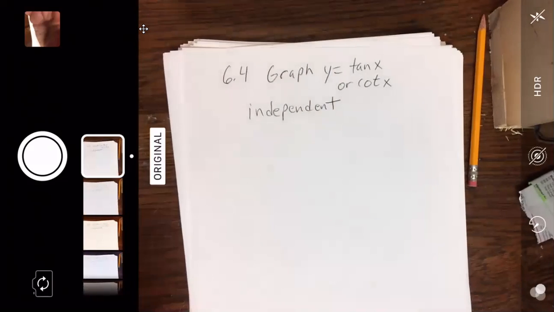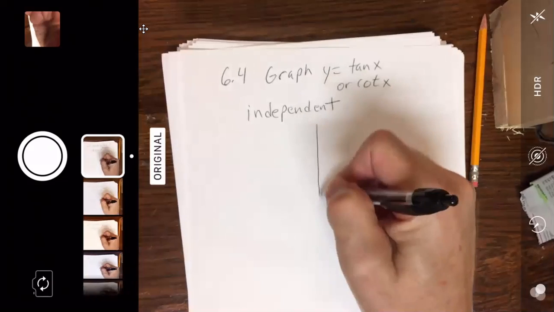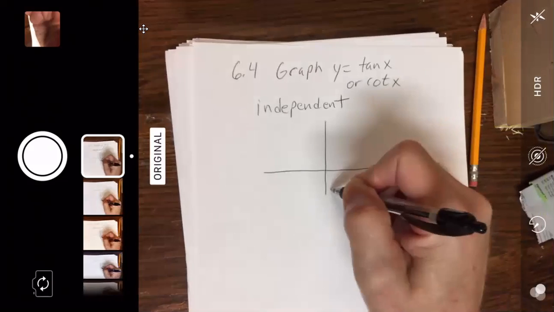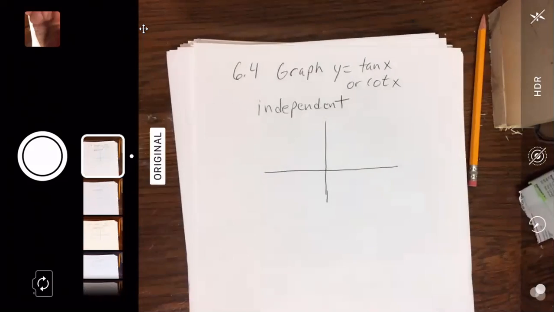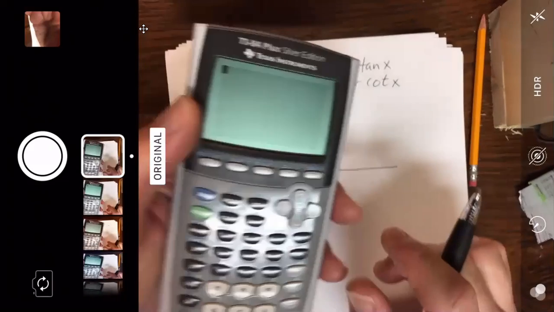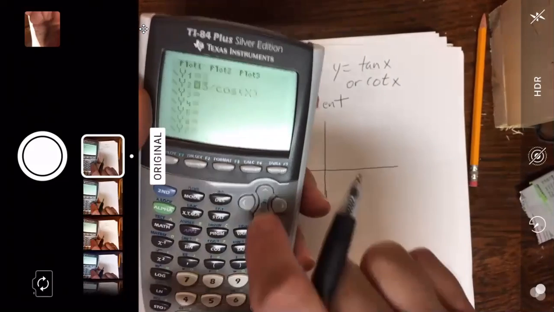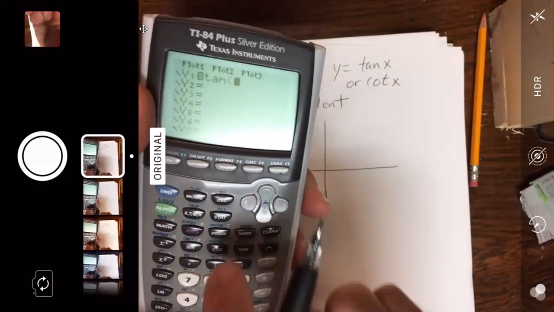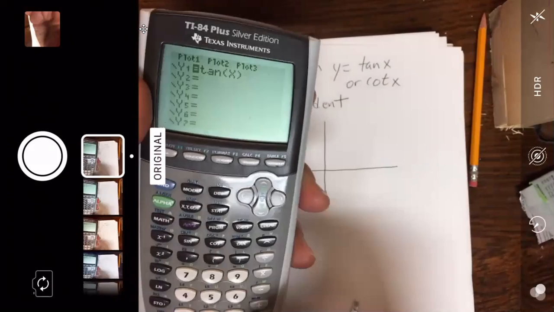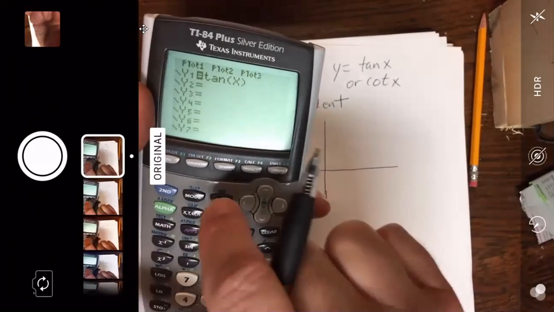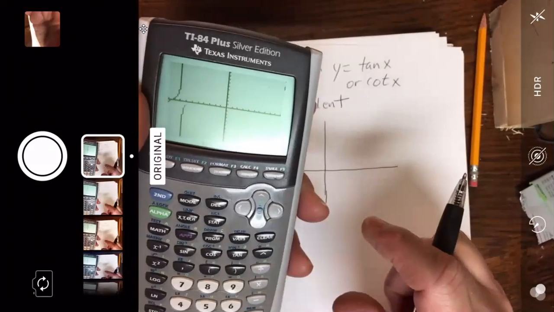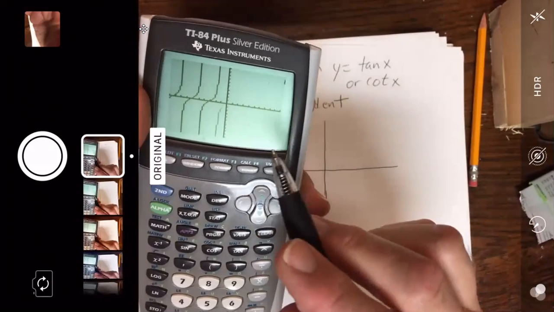All right, I'll show you straight tangent off the calculator. Y equals, clear, clear, tangent x. Graph. Get a series of these S curves.